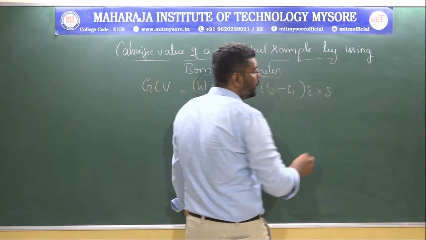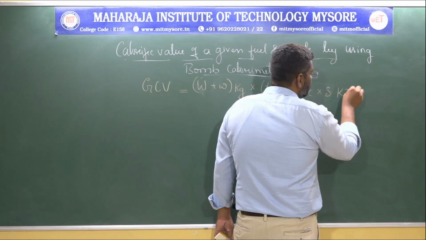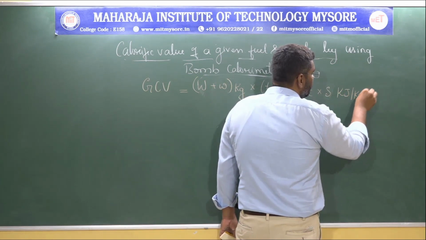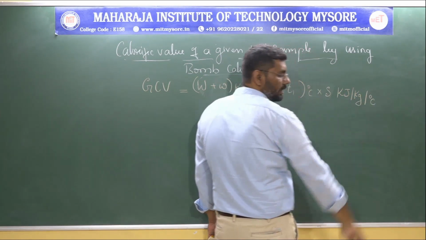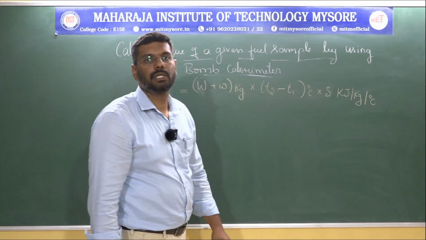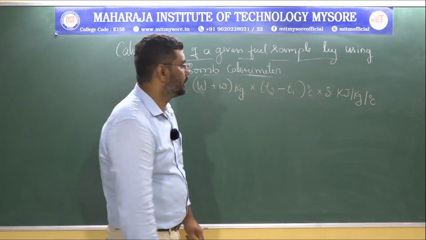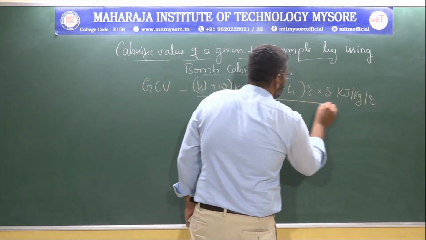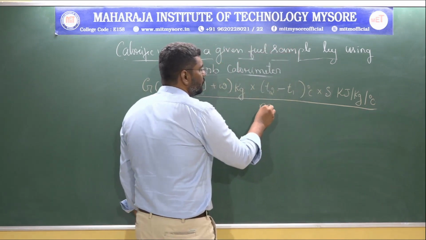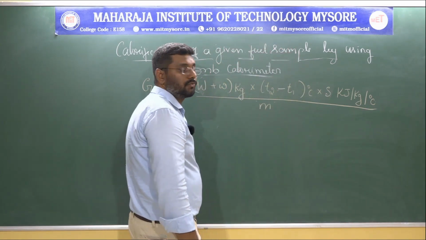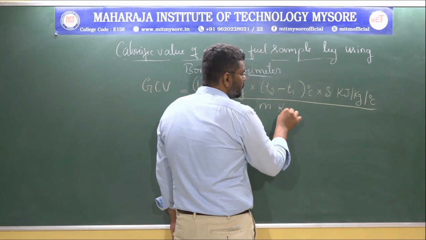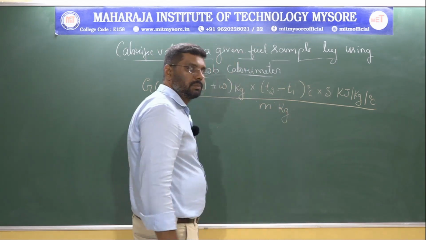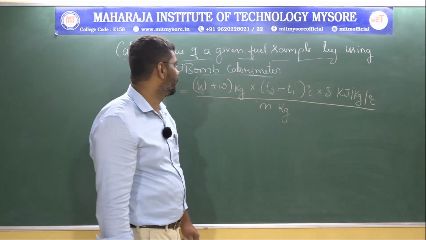The specific heat unit is kilojoules per kg per degree centigrade. This is overall divided by small m, the mass of the fuel, which is also expressed in kilograms.